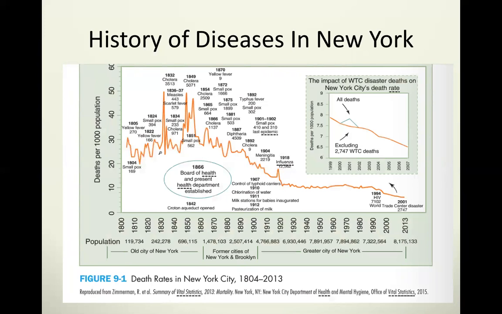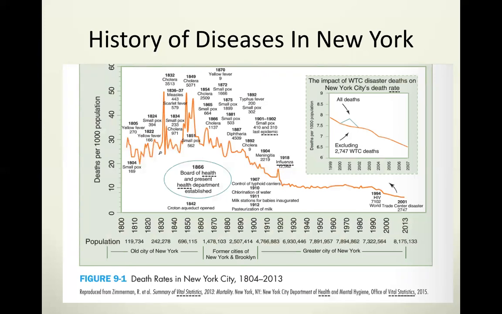And then the World Trade Center, that's considered a terrorist attack, and that's a public health disaster. So when bioterrorism happens, that's considered a public health crisis. So look at the trends of diseases in New York over time, and you can see how these diseases impacted people.